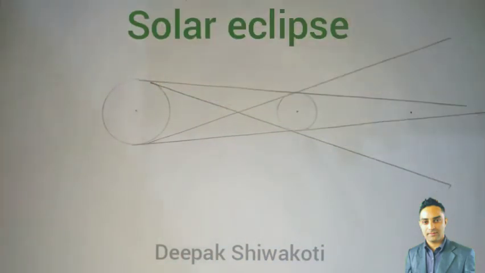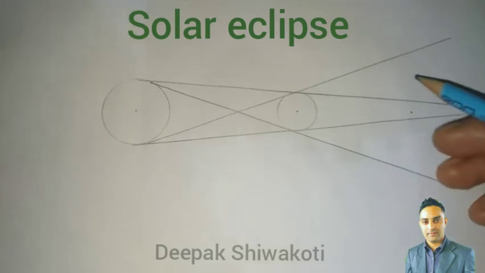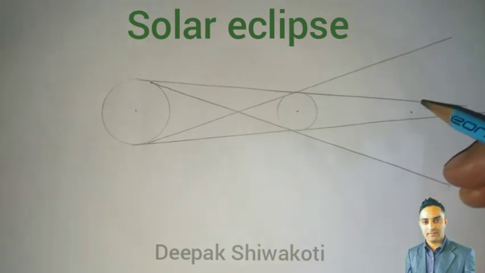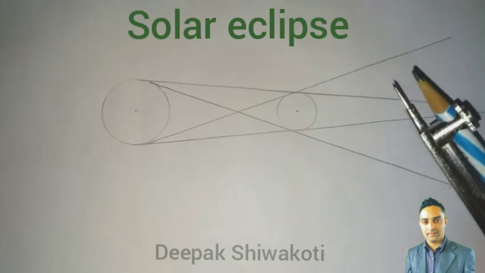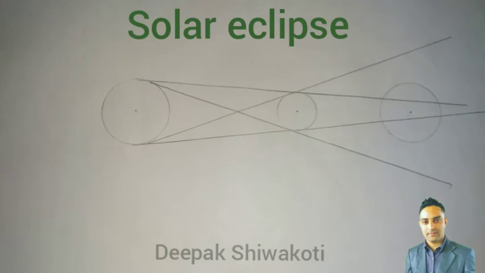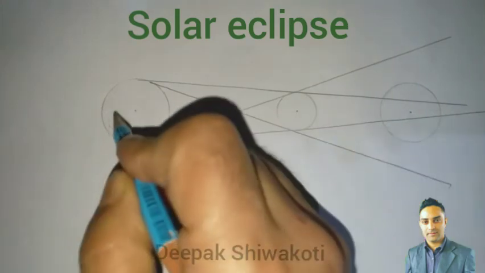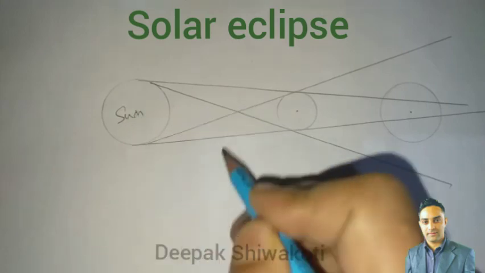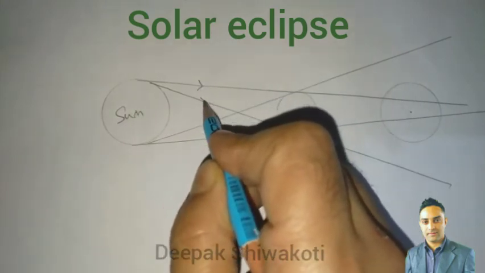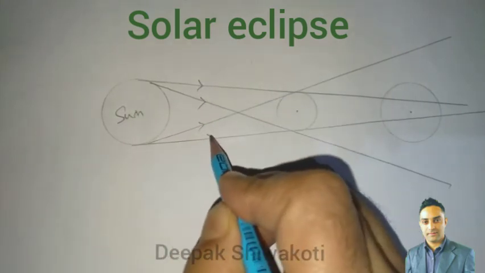Now here is the earth. Make one circle here as the earth, taking the help of a compass. So here is the earth. This is the sun, and these are rays of light coming out from the sun.